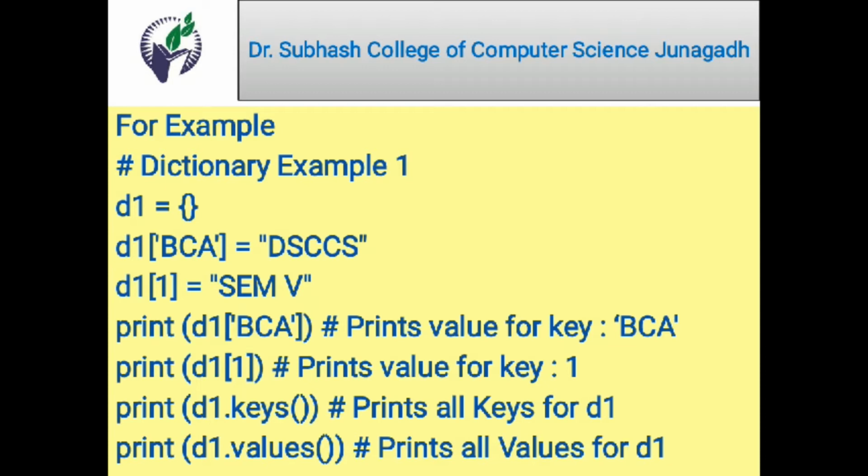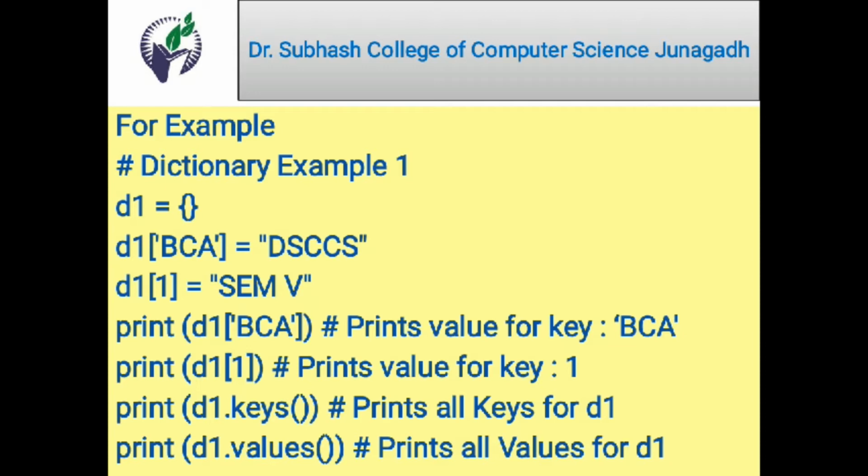So this dictionary contains two elements. First key value pair is BCA, DSCCS. The second is key 1 and value SEM5.